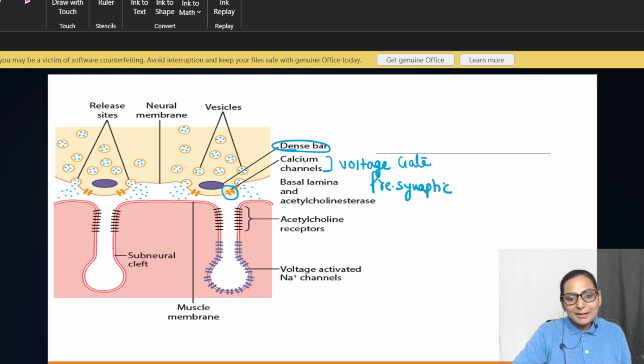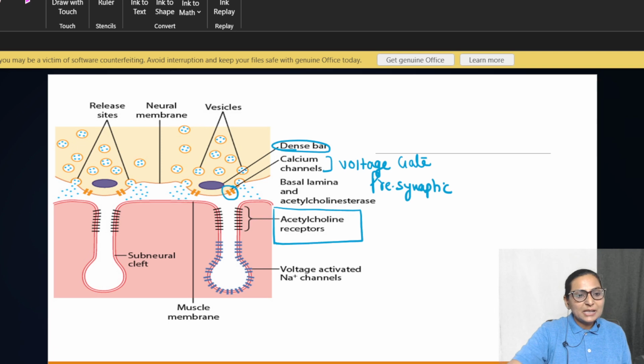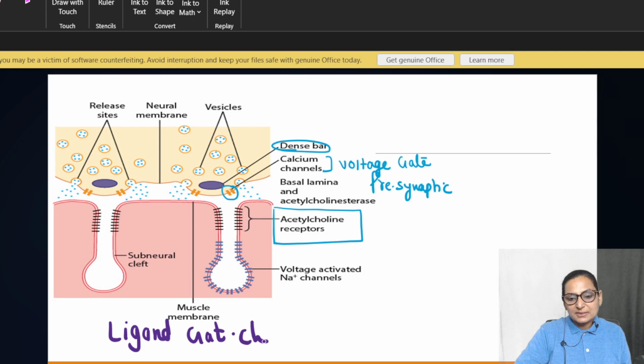Now on the postsynaptic site, that means on the muscle side, there are certain very important receptors. These are your acetylcholine receptors. The acetylcholine receptors over here are your ligand gated channels, and the ligand over here is nothing but acetylcholine.